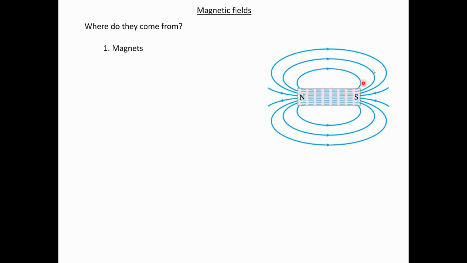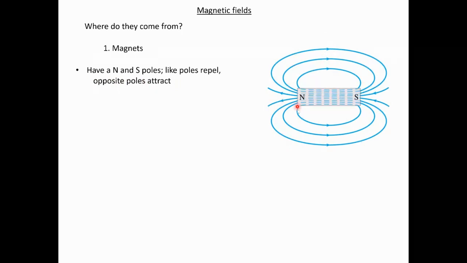And these blue lines are the magnetic field lines. Magnets have a north and a south pole. Like poles repel, and opposite poles attract. So if you try to push two north poles together, they won't like it. They'll repel each other. But a north and a south pole will stick together.